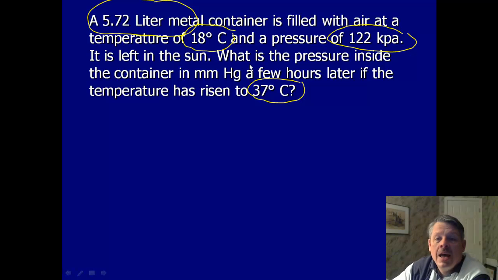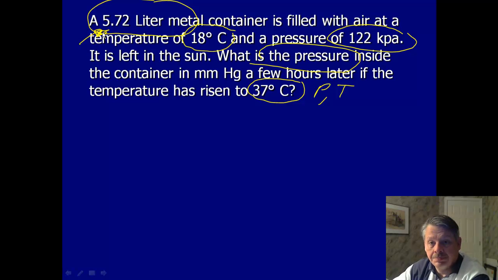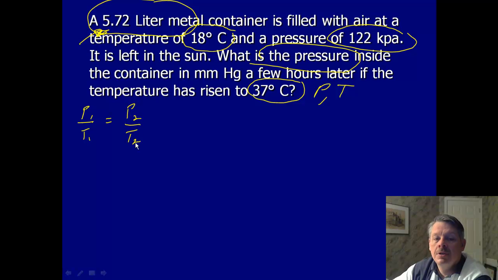Well, it's asking me what is the pressure inside the container. So my pressure's changing. My temperature's changing. How about my volume? Well, it's a metal container, so it's probably not changing in size. So bottom line is, my pressure's changing, my temperature's changing, and my volume is not changing. So I'm going to use something that includes pressure and temperature.